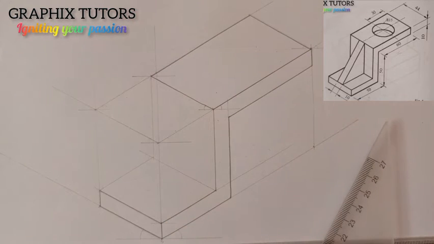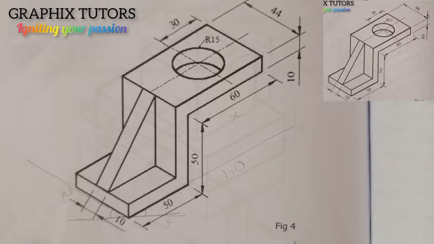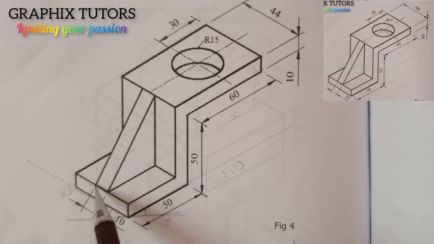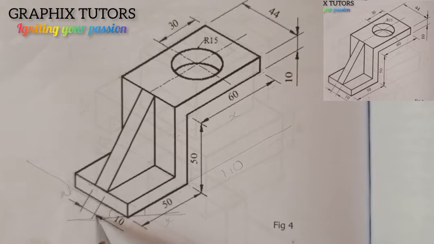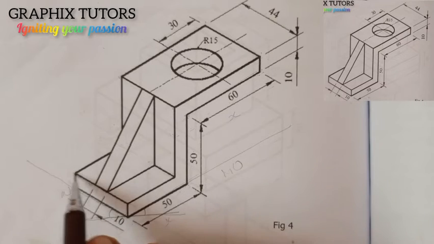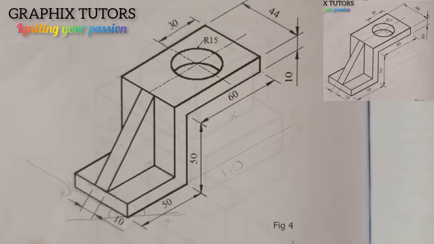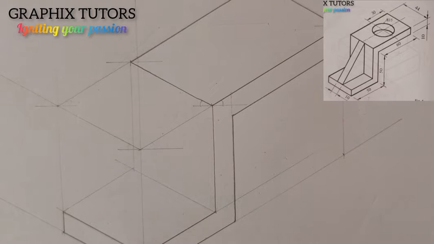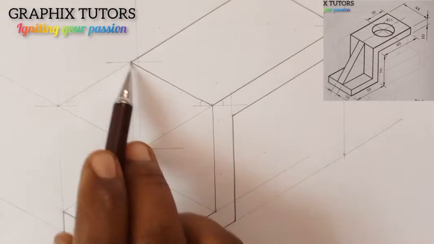Now we are told in the diagram that the wedge is 10 millimeter thick. Let's see. You can see that the wedge is 10 millimeter thick. So I'm going to measure 10 millimeter. So the key word is this. At this line here, which is this line here, right? I'm going to get the center. And we know that from here to here is the same thing as saying from here to here, right?